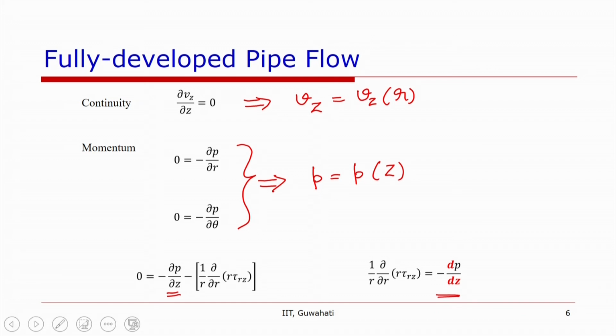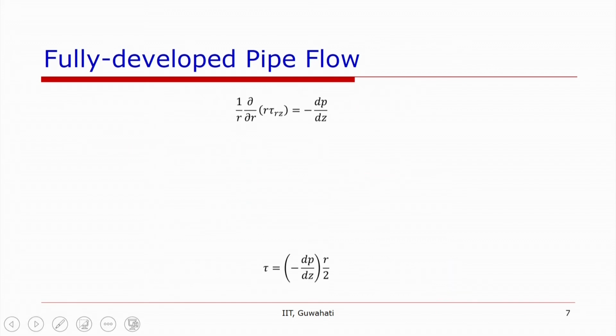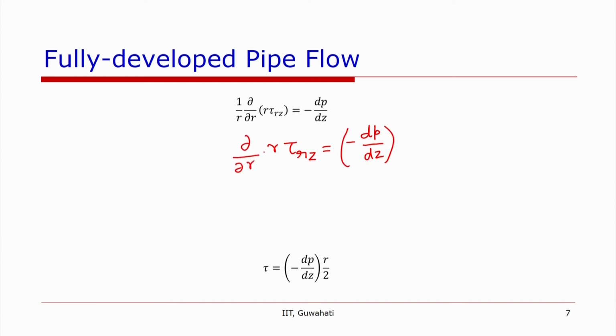So let us try to integrate this, and if you integrate this, what we will end up with is del over del r of r tau rz is minus dP by dz into r. So that means r tau rz is equal to minus dP by dz into r square by 2.